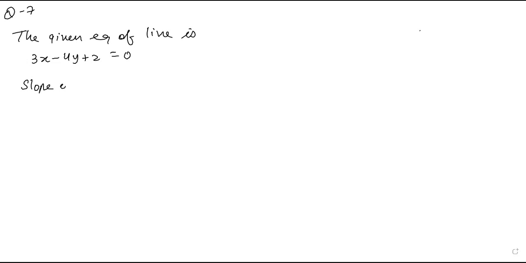So slope of given line is equal to minus a by b. You can find the slope of any line using this formula minus a by b, where a is the coefficient of x and b is the coefficient of y.